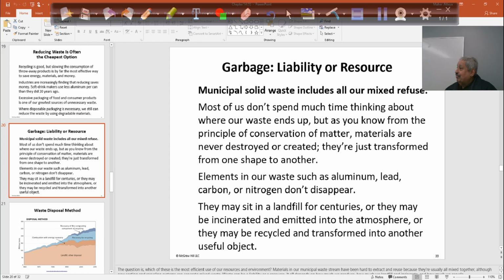To another form, but it's never destroyed. If you have non-biodegradable bags from the store for your grocery, and it ends up in the ocean, this plastic bag will be there for millions of years to come, because the salty ocean water will not affect it. So it will stay there.